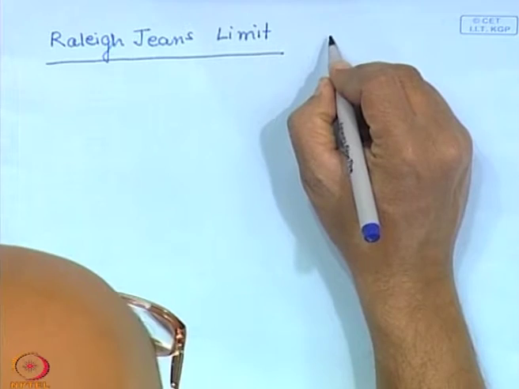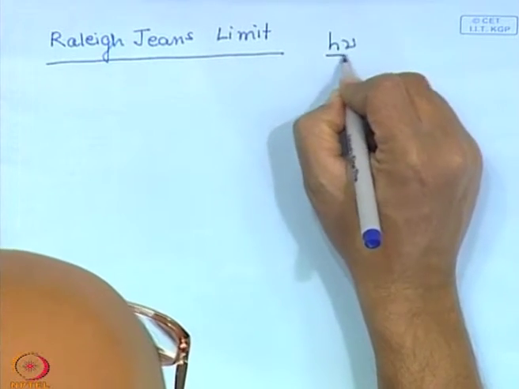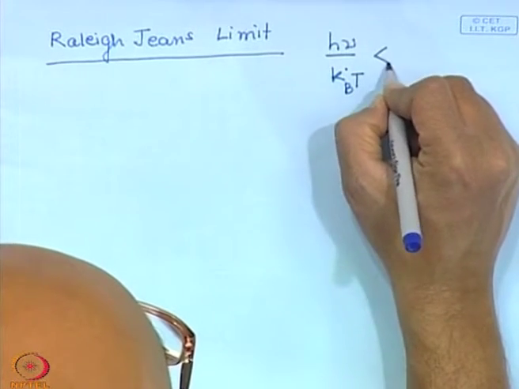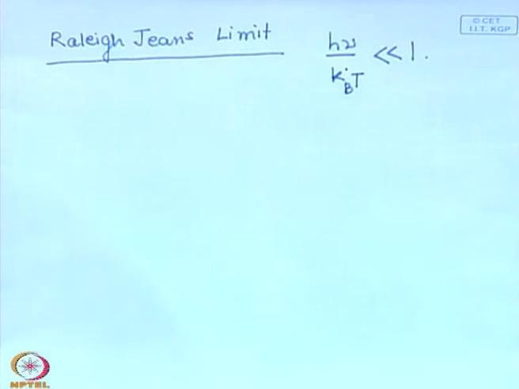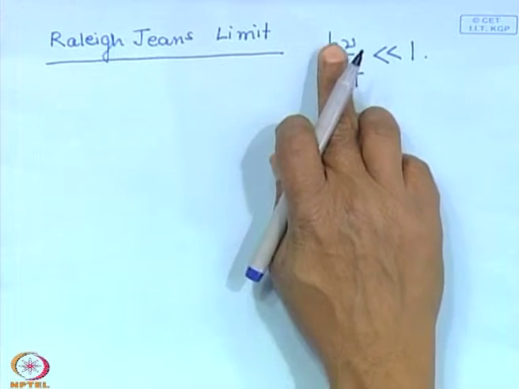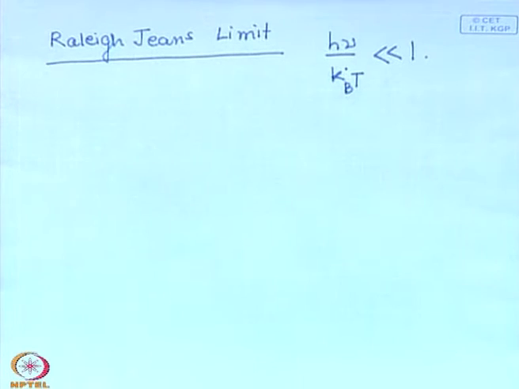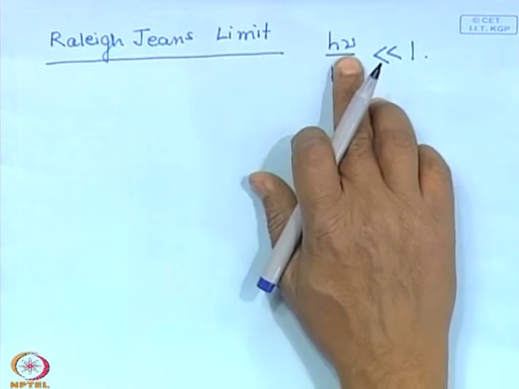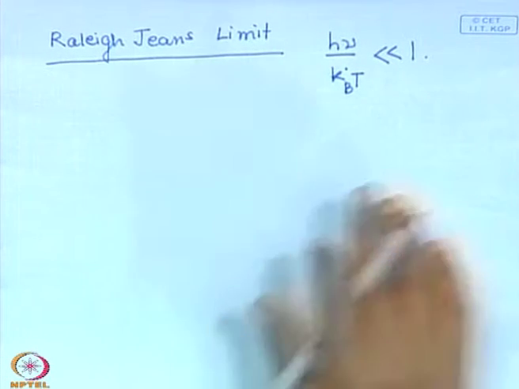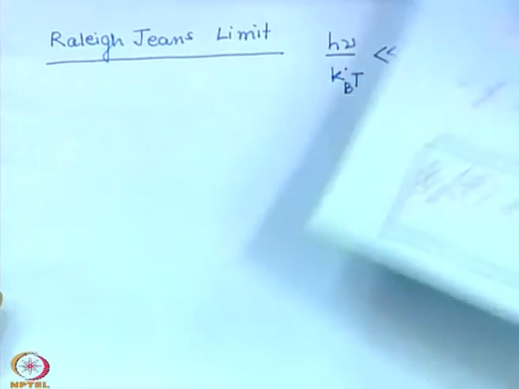What we mean is that h nu by kB T is much less than 1. The temperature of your system defines a frequency, basically kB T by the Planck constant, and the frequency that you are looking at is much smaller than that. Let us see what happens.